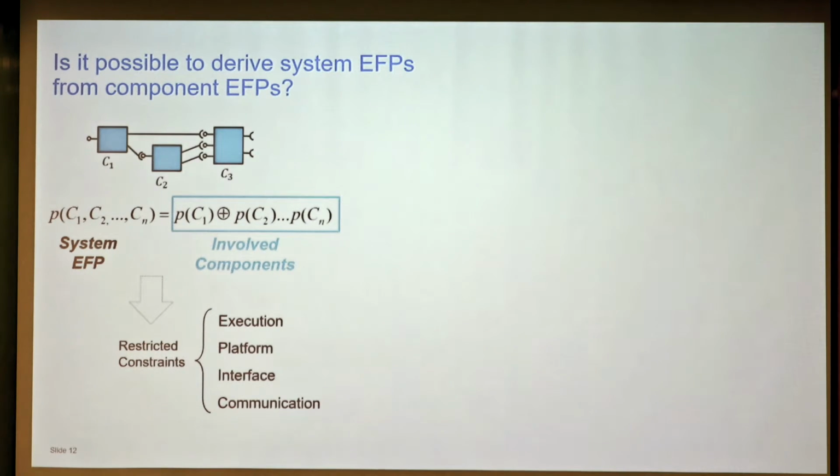Then we were able to formalize a number of rules that allow us to calculate and derive the system properties from the component properties. I just present here some examples.